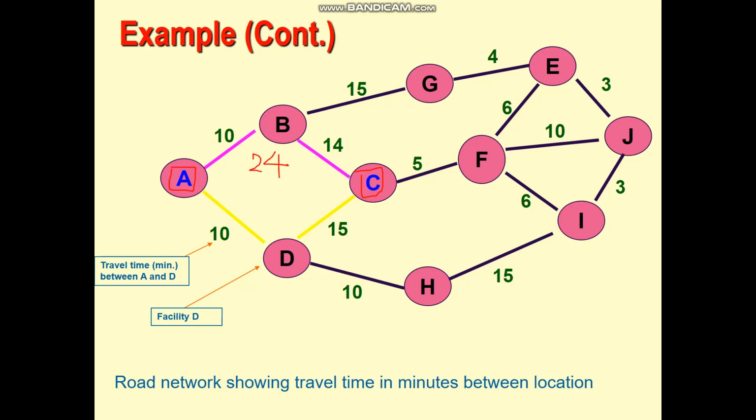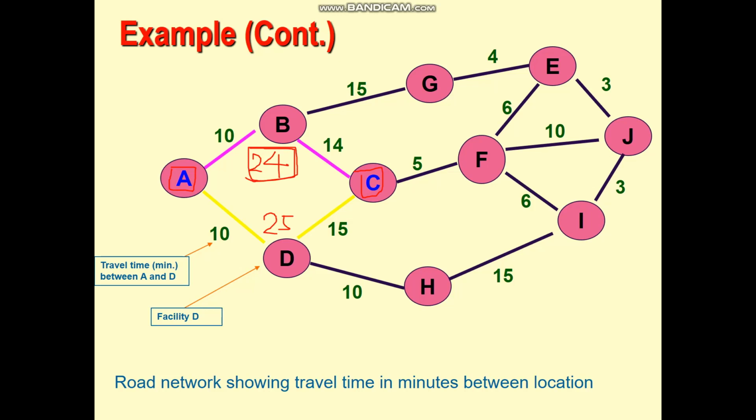If we follow the yellow line, the total time is 10 plus 15, equal to 25, right? So we will take the minimum travel time, that is 24.